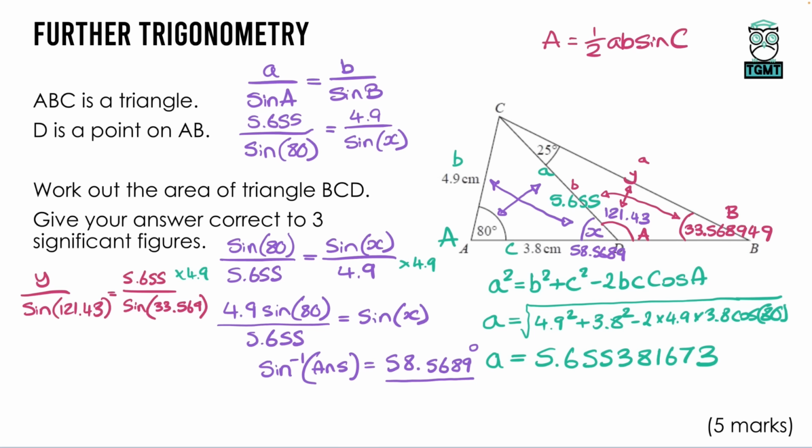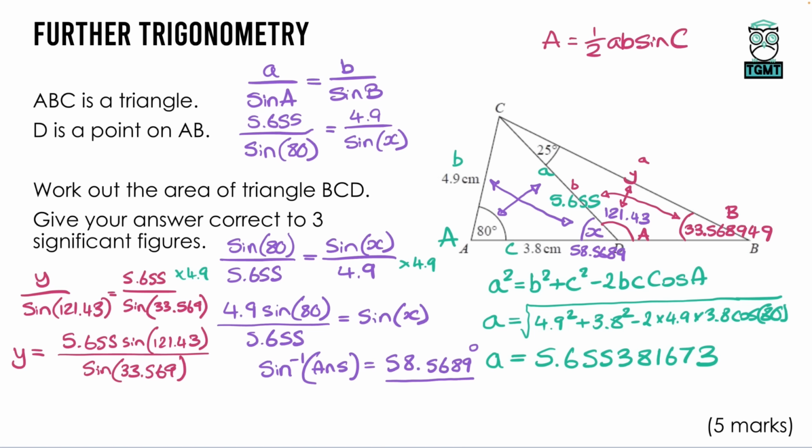I need to rearrange this, so y is equal to, and then I'm going to have the sine 121 up on the top, so 5.655 sine 121.43 all over sine of 33.569. I can just type that all in one go.